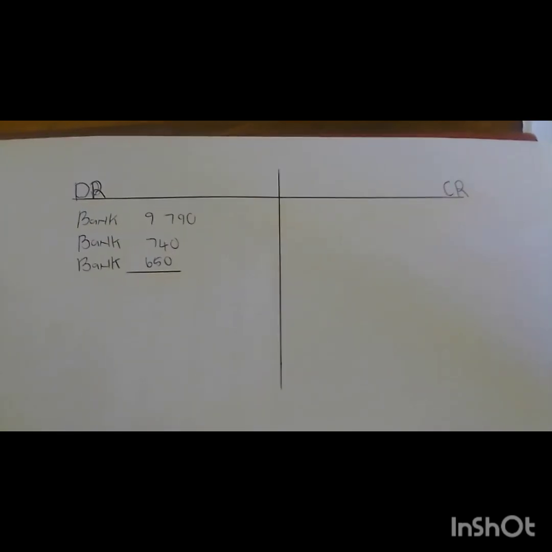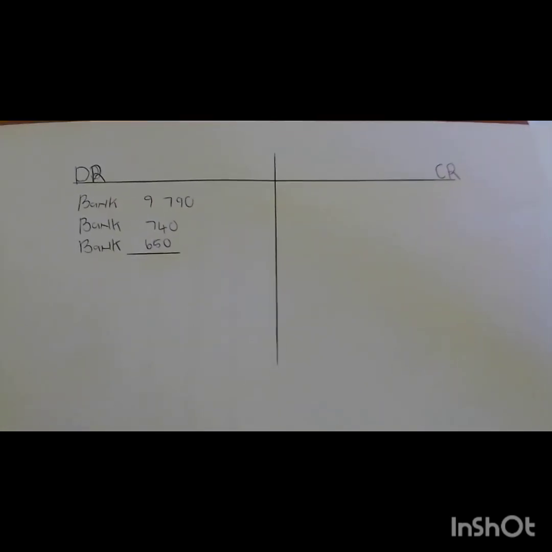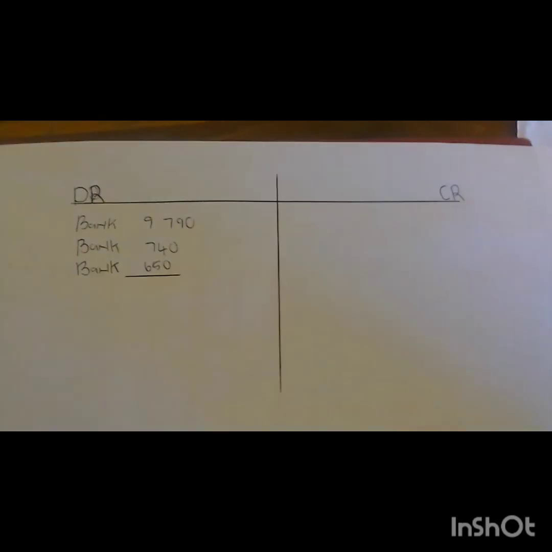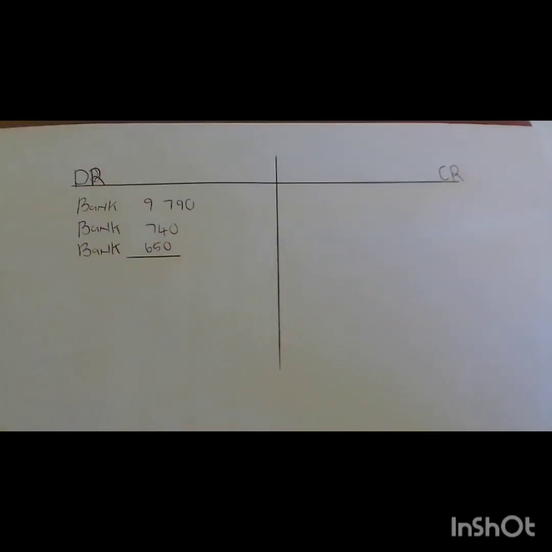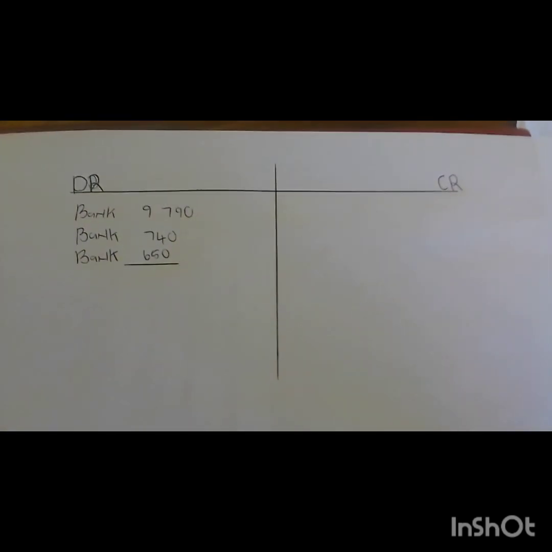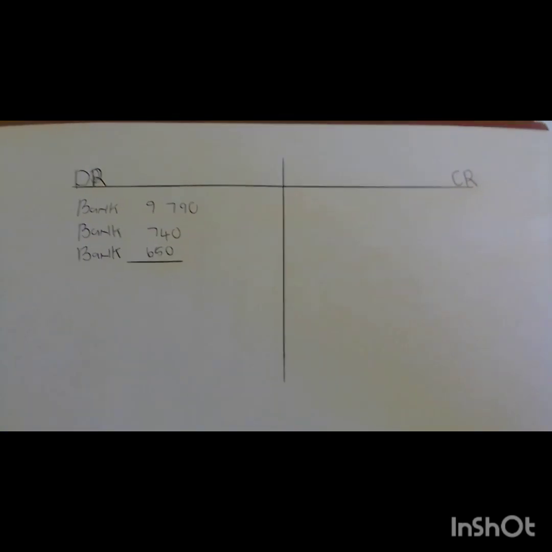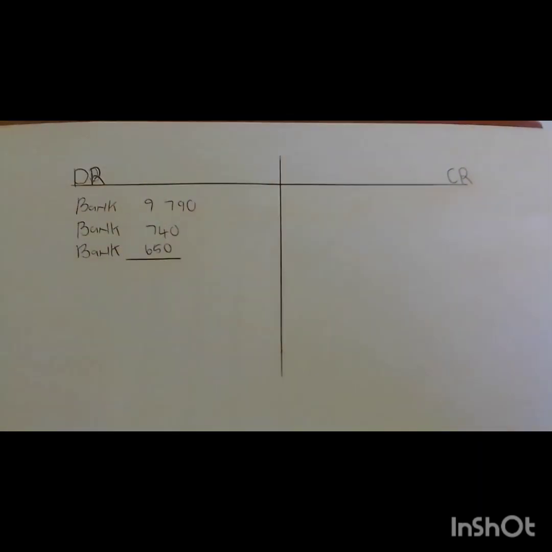On the credit side, as I said in the previous video, you're going to take the total of the petty cash from the petty cash journal. Did you guys get that? You take the total amount of the petty cash from the petty cash journal. Alright?